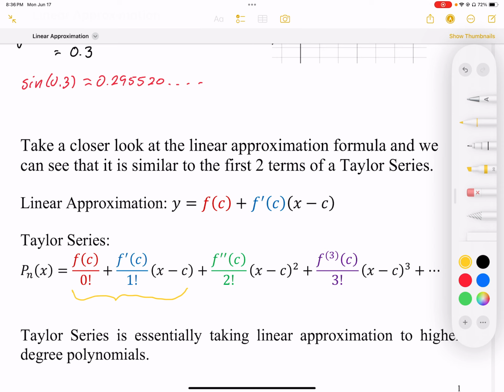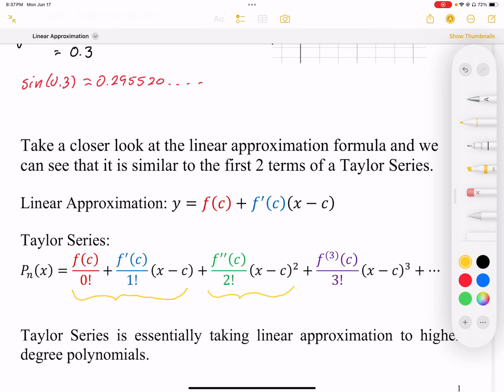Now this is not by coincidence. The linear approximation is really just the linear version of a Taylor polynomial. We can actually do a quadratic approximation by extending that to the next term. That's going to end up being a quadratic approximation to that same curve.